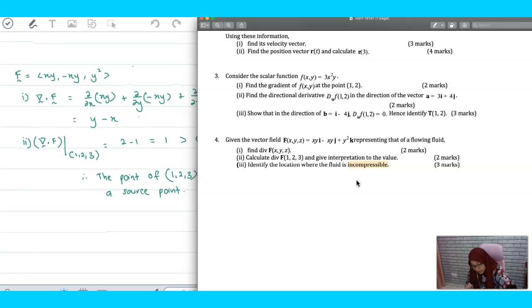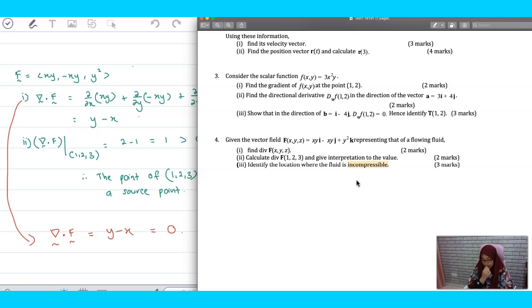From the first result, we already obtained that the divergence of that fluid flow is given by y minus x. So if we want to say that the fluid flow is incompressible, the divergence should be equal to 0.